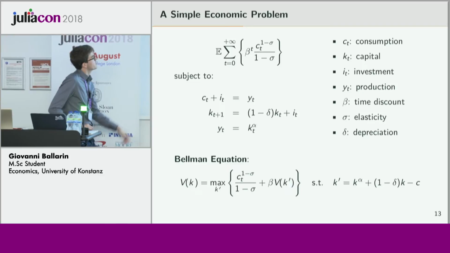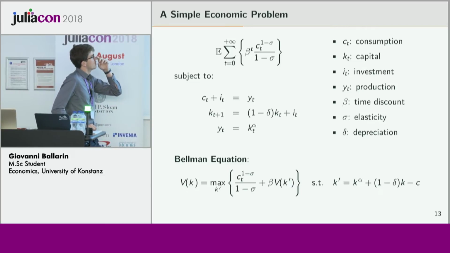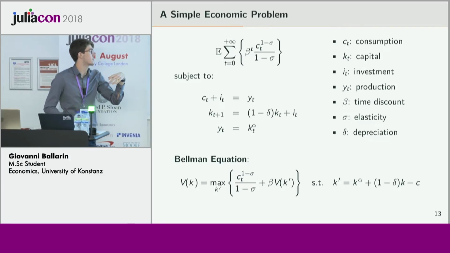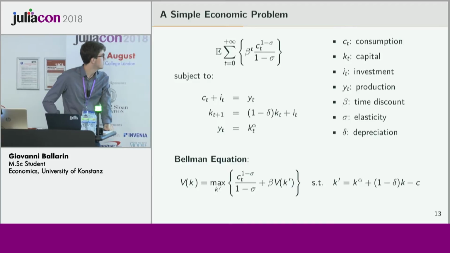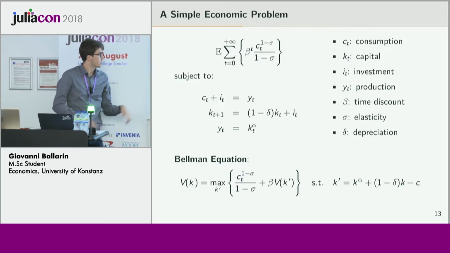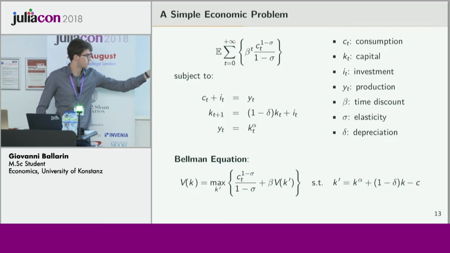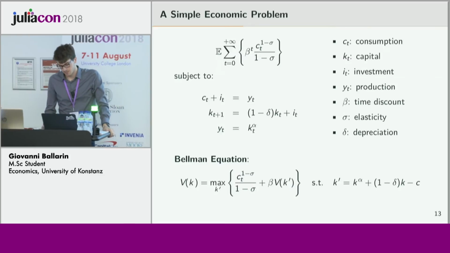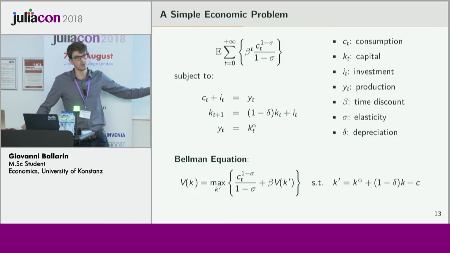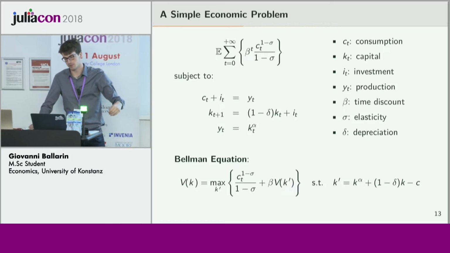You can see there's a CRRA function of consumption, and future consumption is weighted with an exponential term, so it's a series. Everything is homogeneous, so capital, consumption, and production are all the same thing. You can just write that one constraint right there. And this is the Bellman equation, which is how we formulate the problem so that we can apply value function iteration to it afterwards.